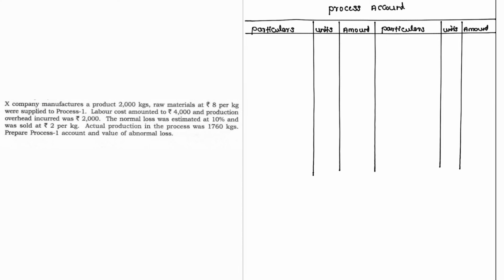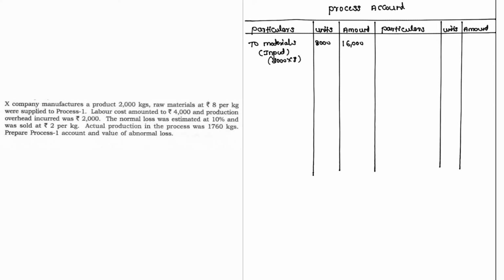So to materials, raw materials, that is input, 2000 units. Each unit is 8 rupees. So 2000 into 8, so you'll get 16,000.